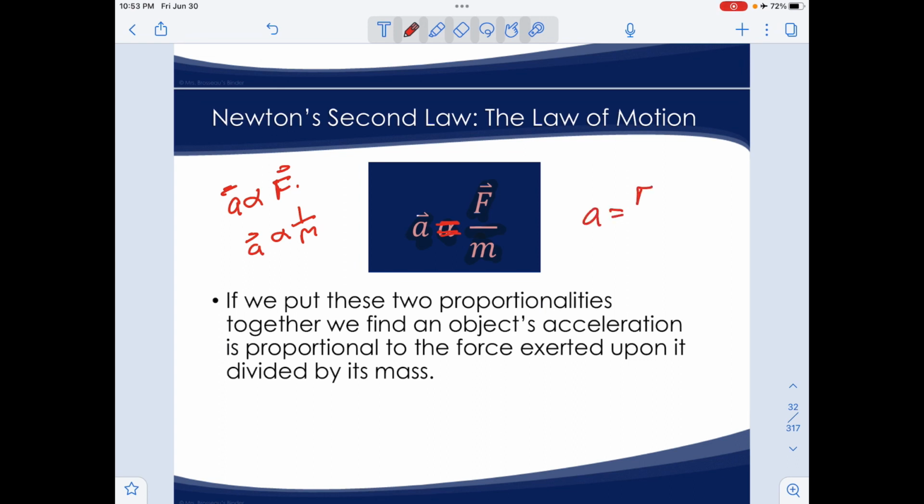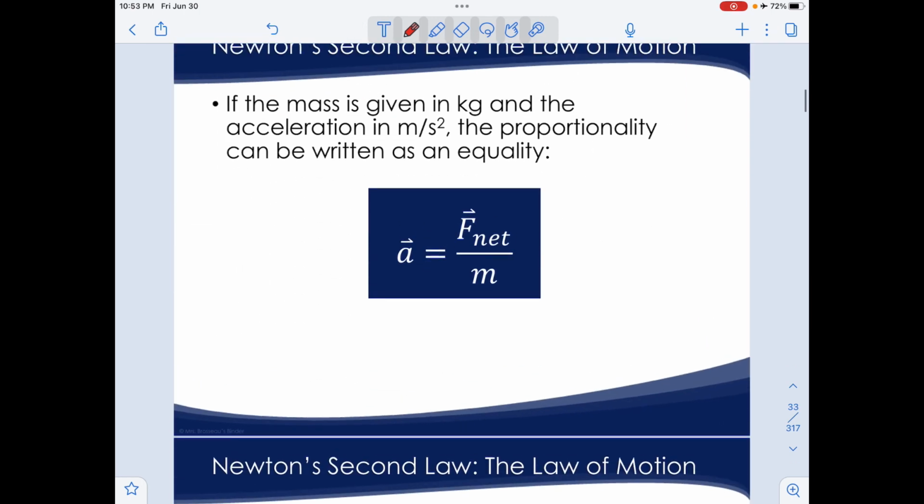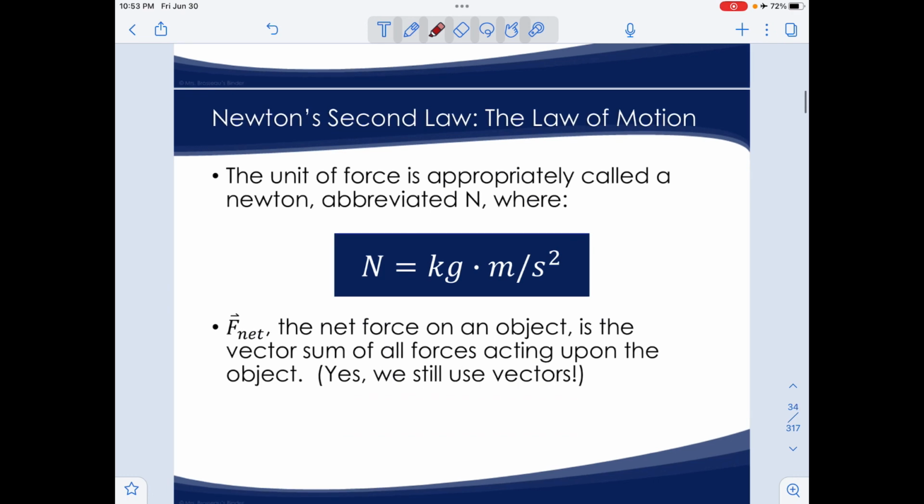So acceleration is equal to force over mass. Here in a little bit more detailed format, you can say that acceleration is equal to the net force divided by the mass.